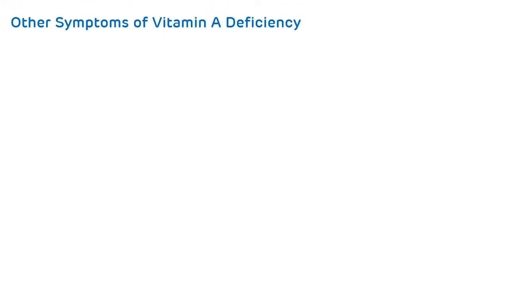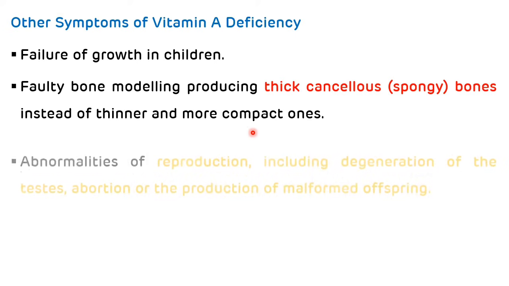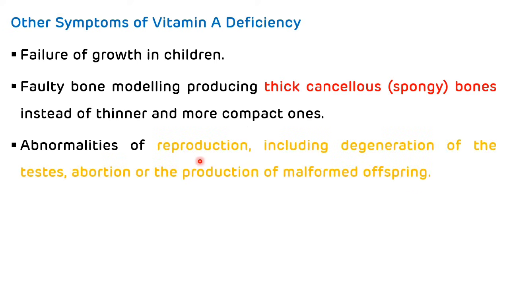Now, other symptoms of vitamin A deficiency. Failure of growth in children, then faulty bone modeling producing thick cancellous, that is spongy bones instead of thinner and more compact ones. Abnormalities of reproduction including degeneration of testes, abortion or the production of malformed offspring.